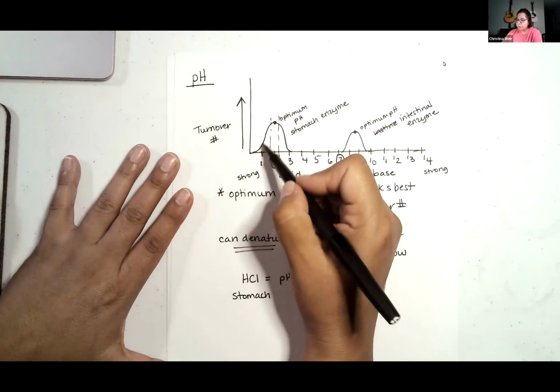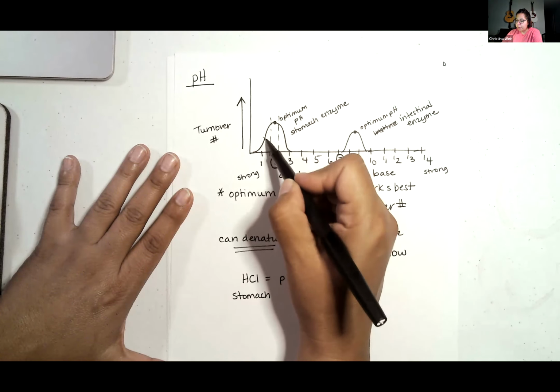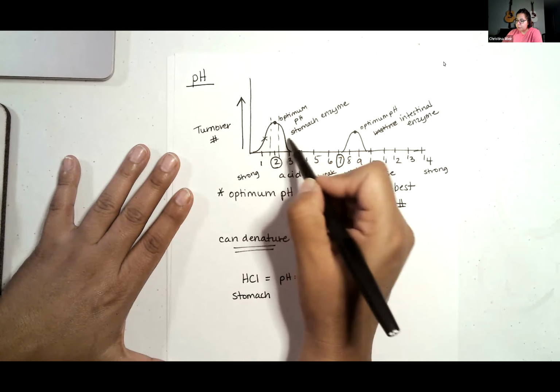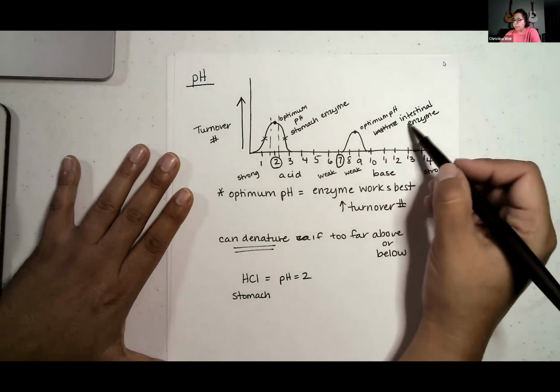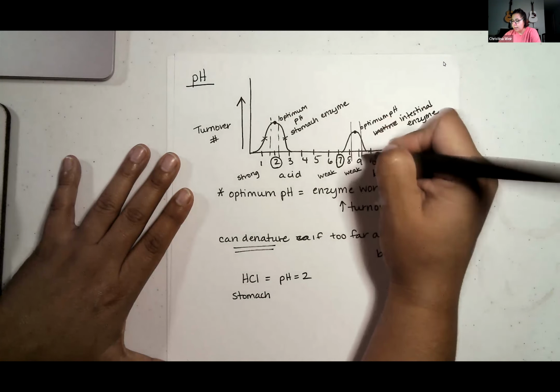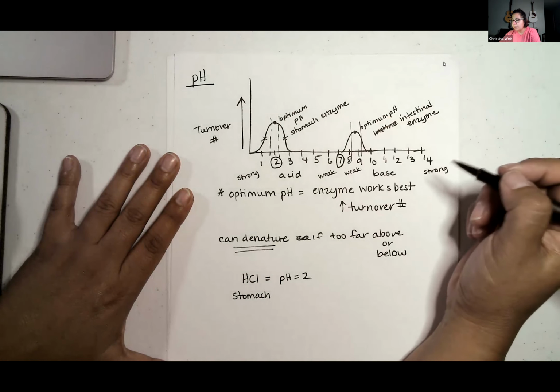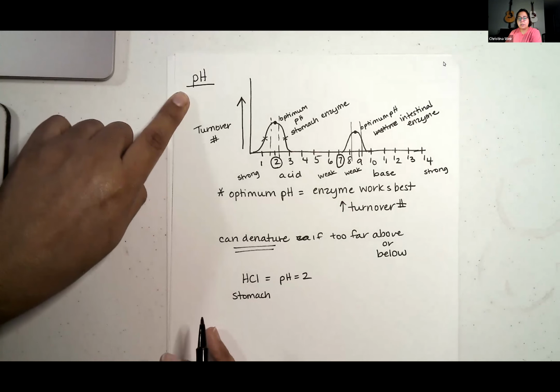So unlike the temperature graph, you can never get better once you go on either side of the optimum range. The same is true for the enzyme that works in your intestines. That's where it works best, somewhere between 8.5 and 9. If you get too far above or too far below, your enzyme begins to melt, but it doesn't melt due to heat. It melts due to an extreme change in pH.